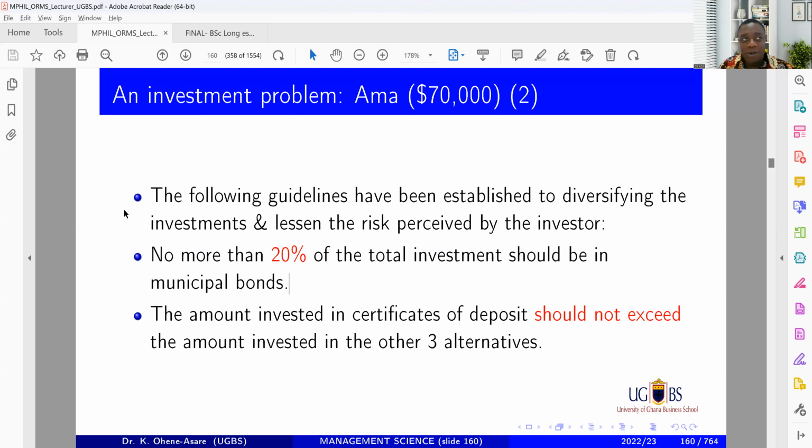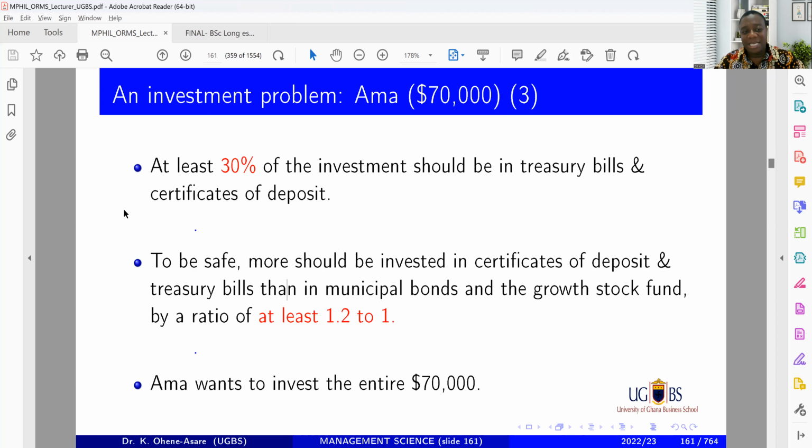Please note that these are not resource constraints per se, they are rather mixed constraints. You might remember I told you that there are multiple constraints. One group of constraints are for the resources when you are producing. The other group is for the mix, where you can mix some of the constraints. Another constraint is at least 30% of the investment should be in treasury bills and certificate of deposit.